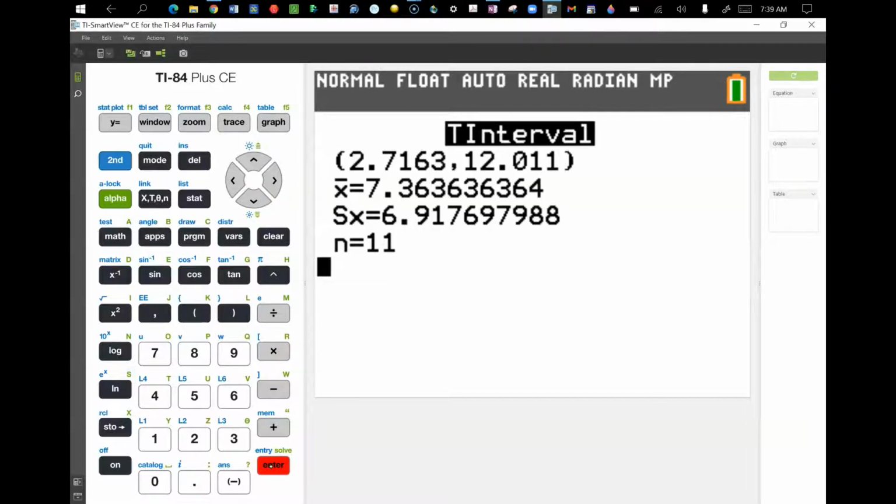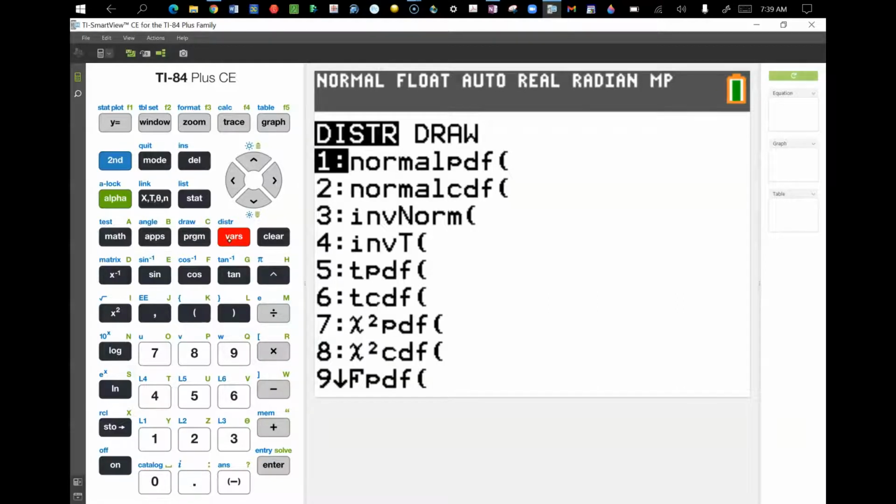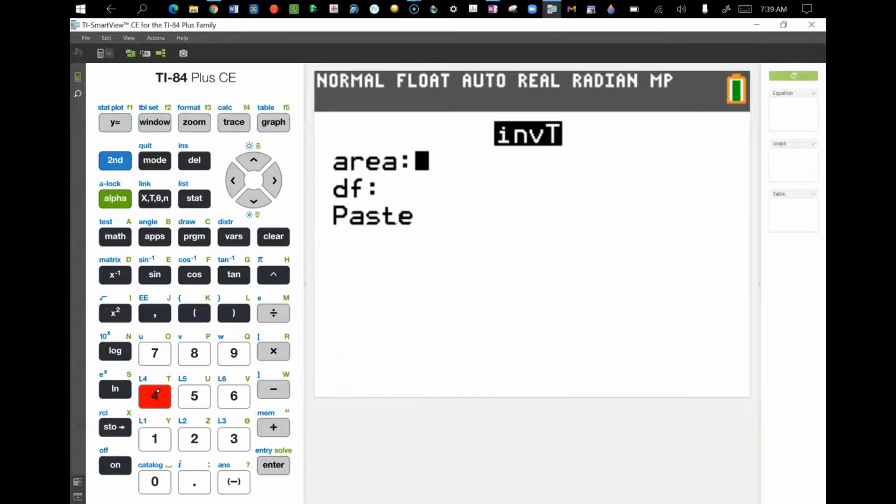Now, a reminder here: when the calculator calculates the confidence interval for you, it does not give you the critical value. So to find the critical value, you're either going to have to use the 10 degrees of freedom and the table, or you're going to have to use the inverse t distribution, so number 4.